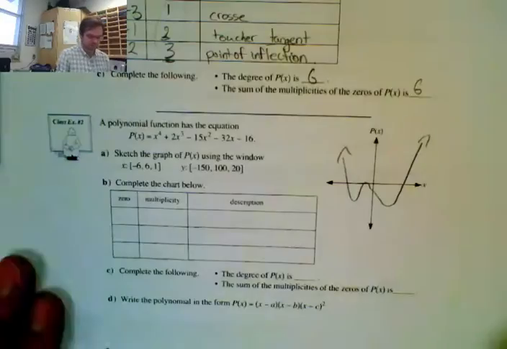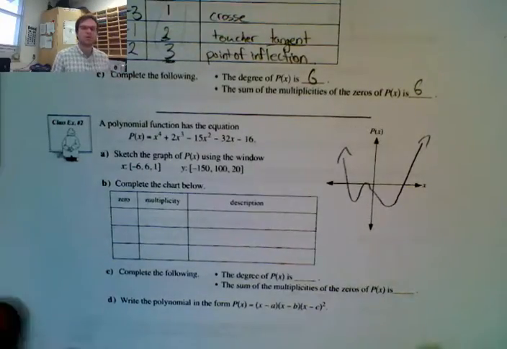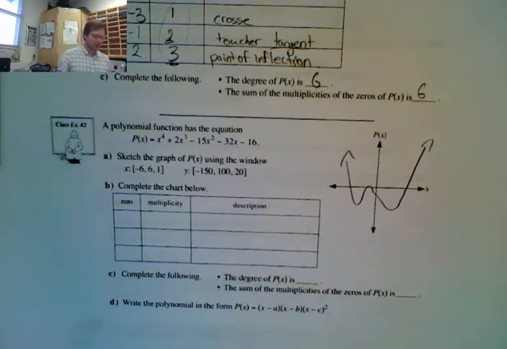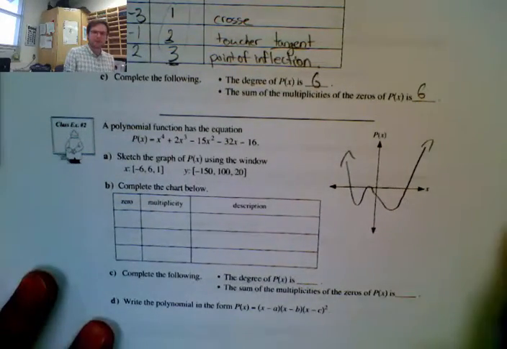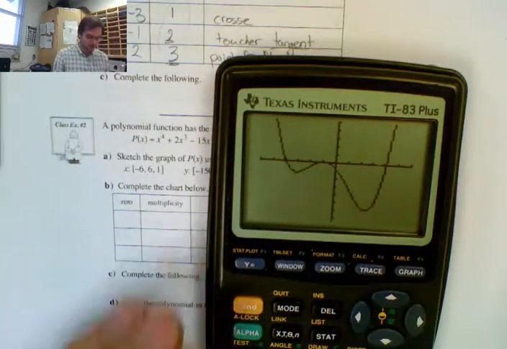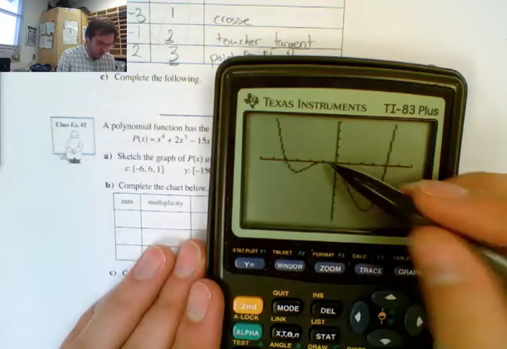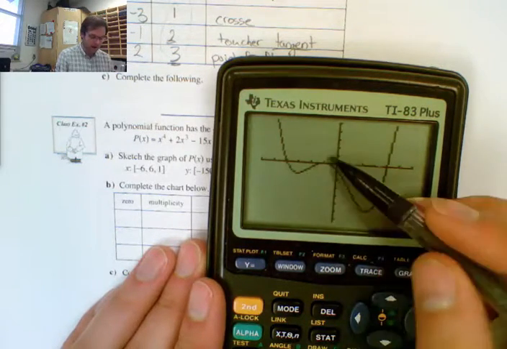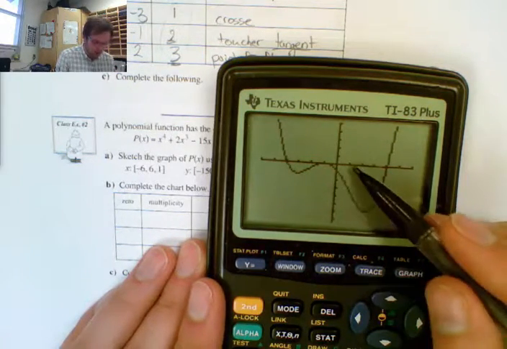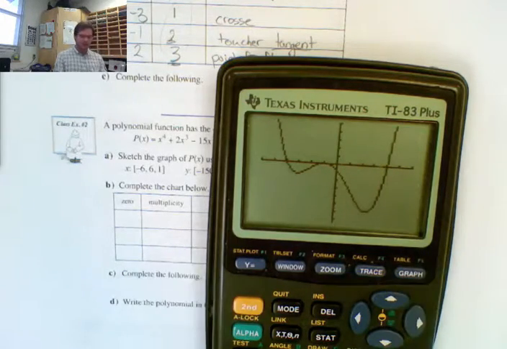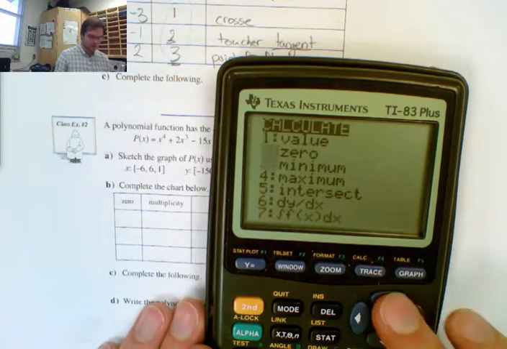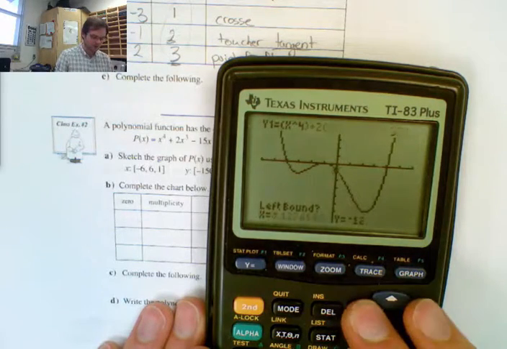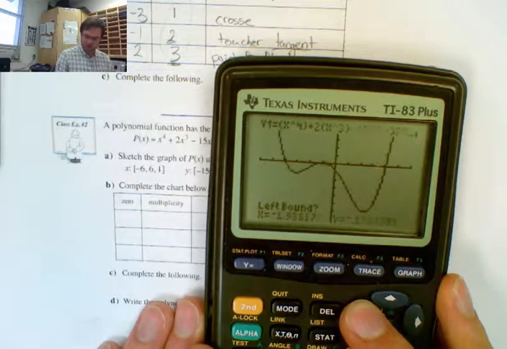Okay, now we want to know where my zeros are. So looking at this here, I'm going to find my zeros. I'm assuming they're going to be at negative 4, negative 1, and positive 4. But I could always double check and find my zeros right here.